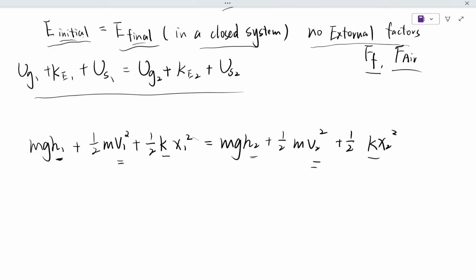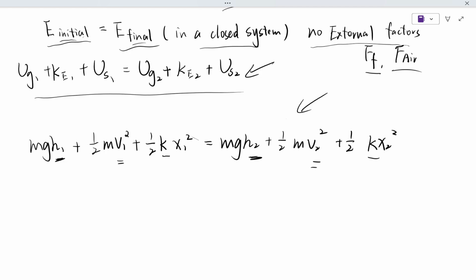Do you remember last topic I told you the equation for calculating the gravitational potential energy, spring potential energy, and kinetic energy? When we plug those equations over here into the equation of conservation of energy, we will get this very long equation. Pay attention to the subscript of each variable. The subscript of a variable means although the variable still has its original meaning, it represents different values.